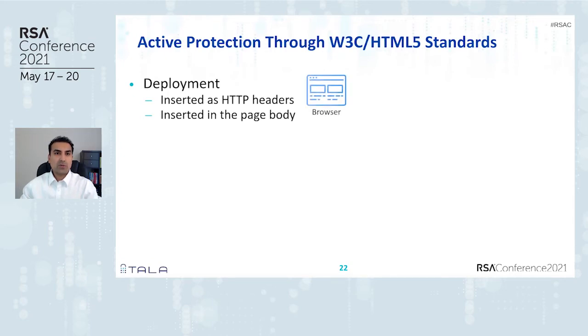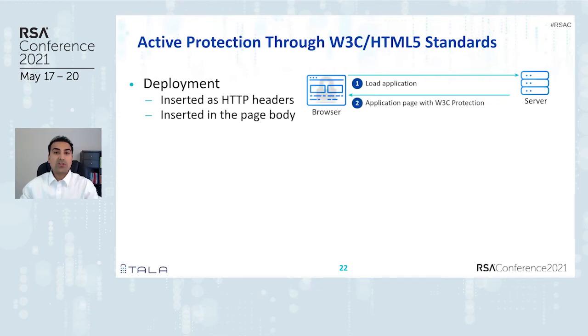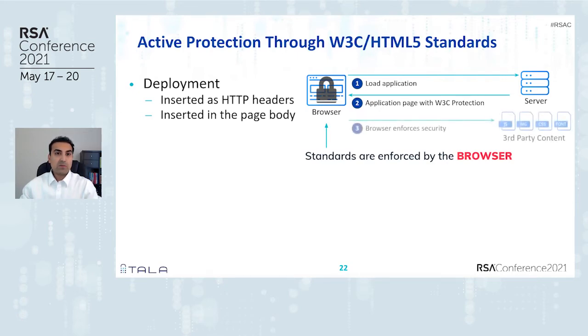So here's how the typical workflow takes place. When a browser requests the web application, it comes with these protections that the browser then enforces. These standards are enforced by the browser. So when your web application makes a request to fetch any third-party resource, the browser ensures that these resources that are loaded are secure and trustworthy.